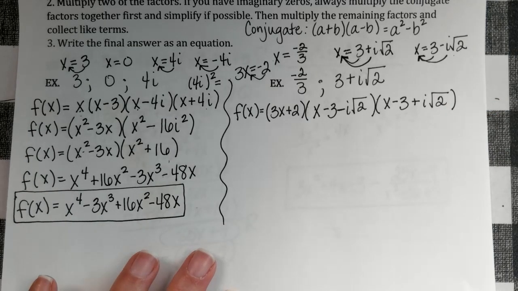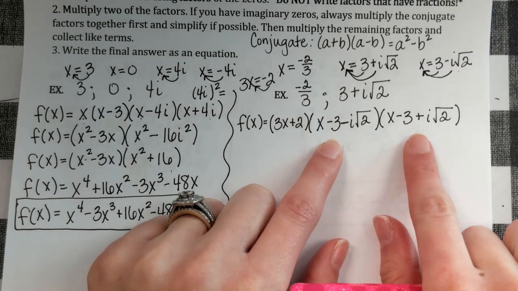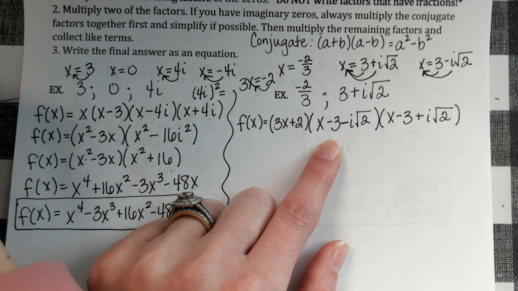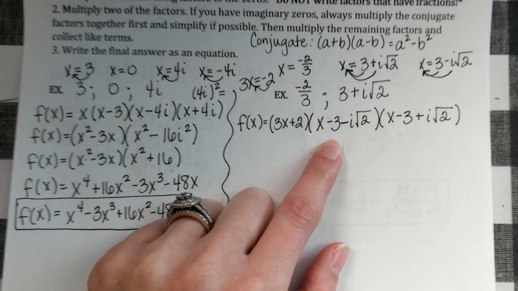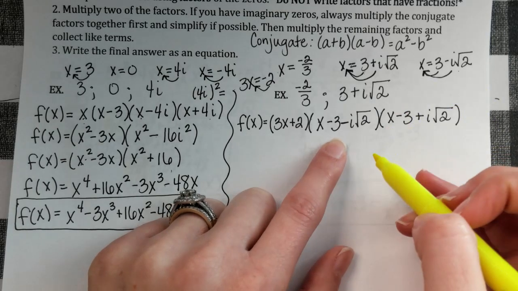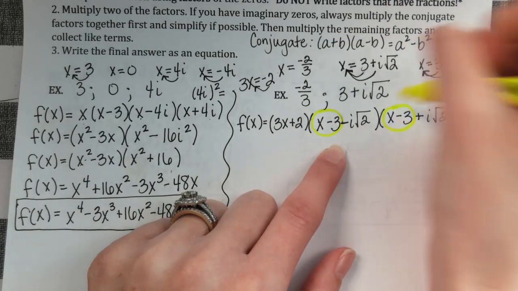Okay. So knowing this, is there anything you recognize here? It's pretty much the same thing, right? Except what? I have x minus 3 and x minus 3.